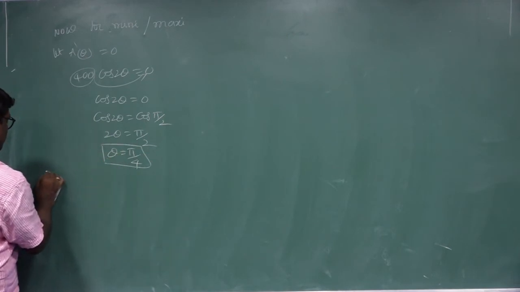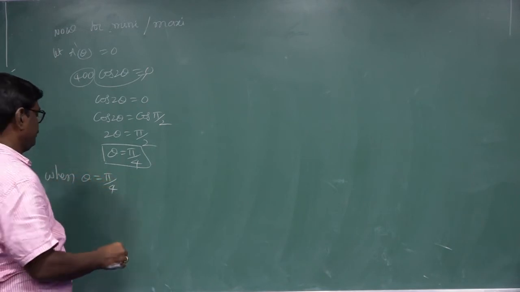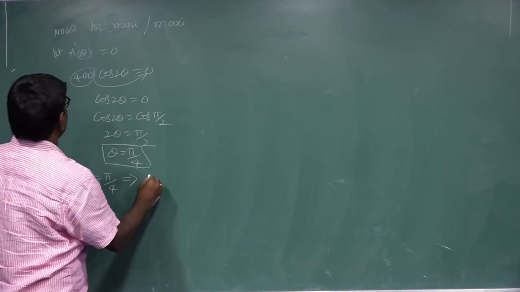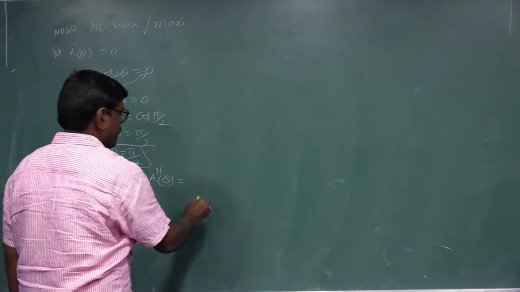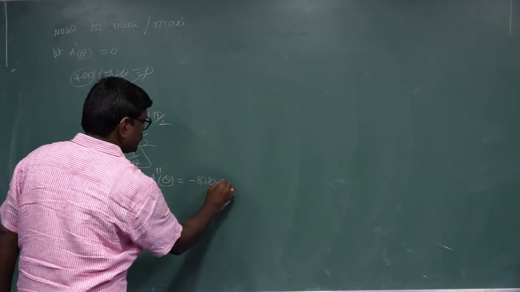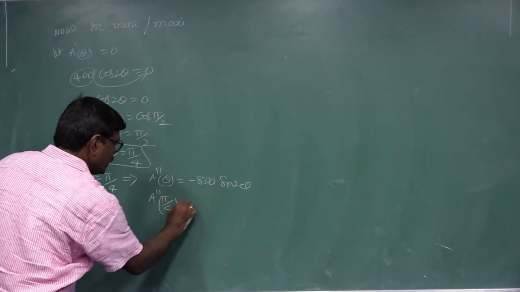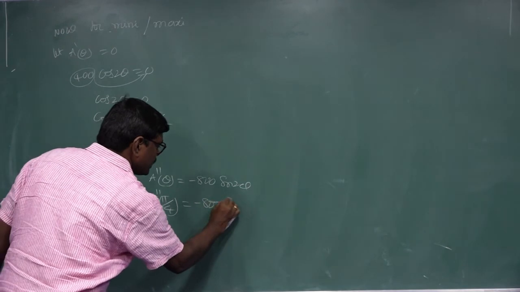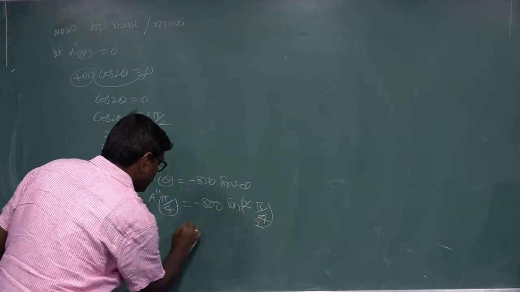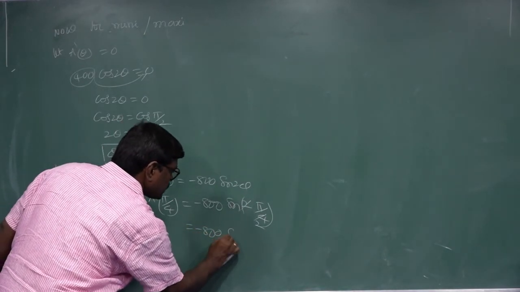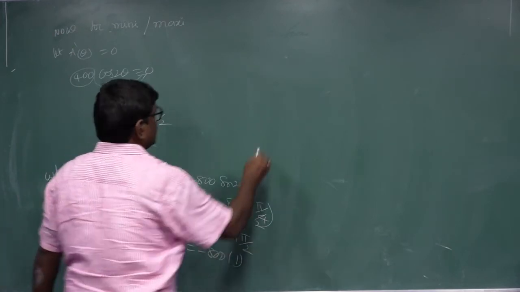When theta equal to pi by 4, A double dash theta is minus 800 sin 2 theta. A double dash pi by 4 equal to minus 800 sin of 2 into pi by 4, equal to minus 800 sin of pi by 2, equal to minus 800 into 1.